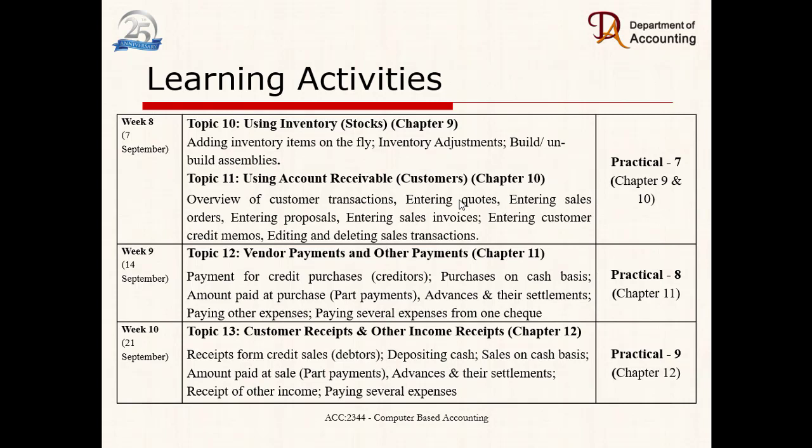So when you have these receipts, you have to enter them: receipts of credit sales, sales on a cash basis, part payments received from customers, advances, and receipts of other income must be taken care of in week 10. So you will deal with different kinds of receipts.